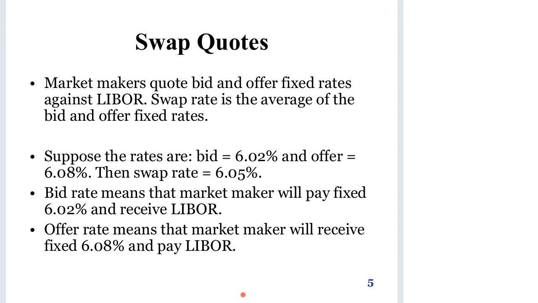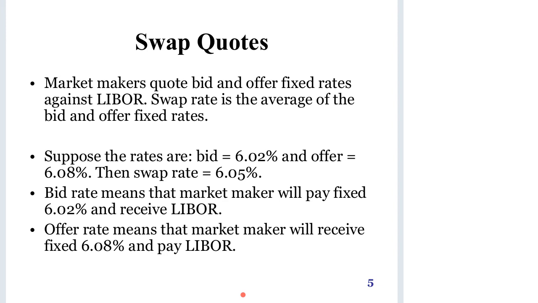What does a bid and offer mean? The bid rate means that the market maker is ready to do a deal with you in which he will pay a fixed 6.02%, in return receiving the LIBOR, the floating rate. Similarly, the offer rate means the market maker will be happy to receive 6.08%, against which he will pay the LIBOR, or the floating rate.